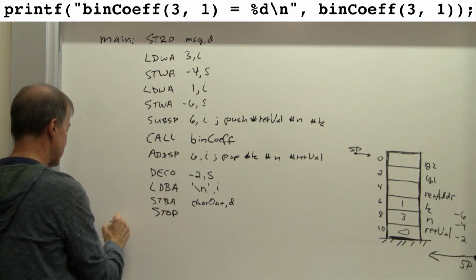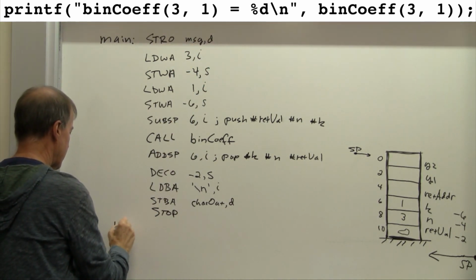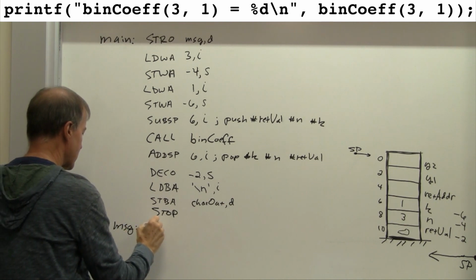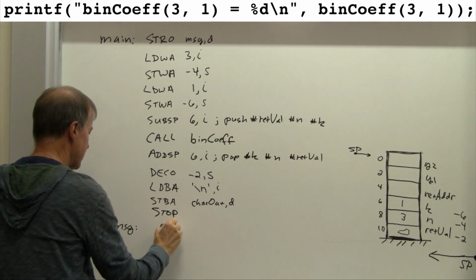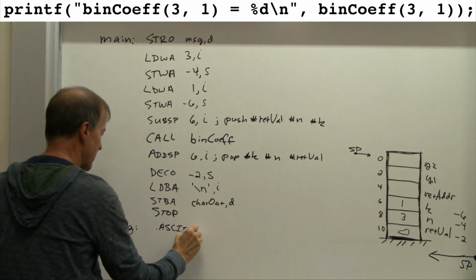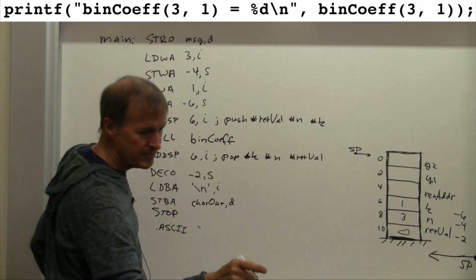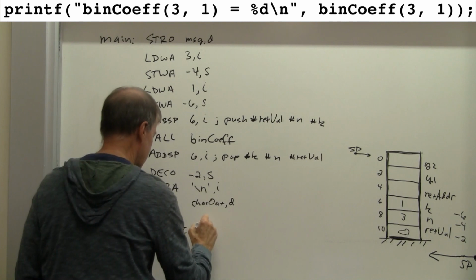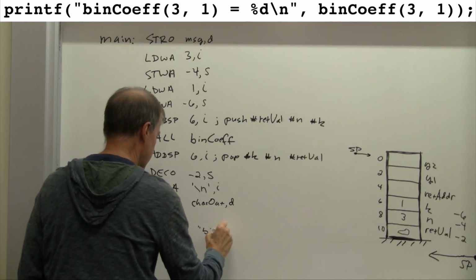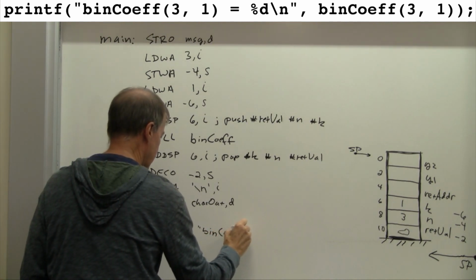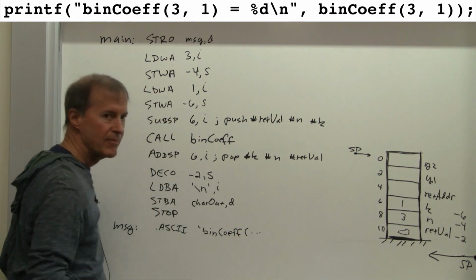So what? Message colon .ASCII. And then what? Yeah. Quote, bin coefficient, paren, dot, dot, dot. All right?